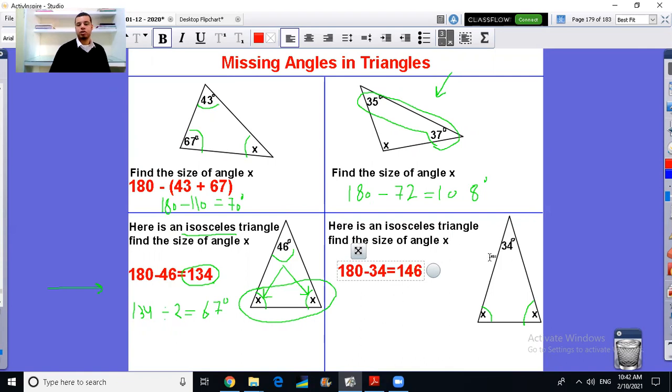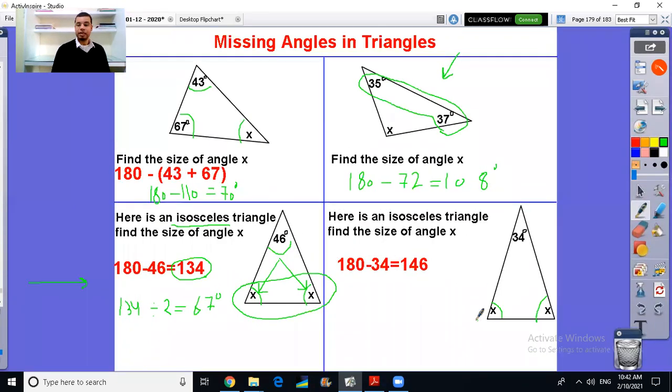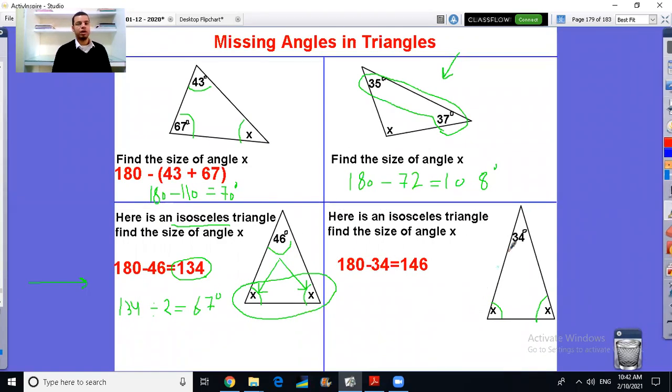Okay, Mr. Ahmed, so 146 is what? Is it the size of x? No, we have only one angle. We subtracted it from 180 to give us the two angles together.